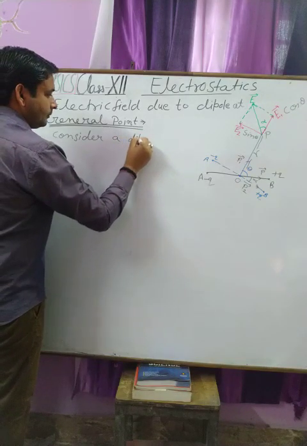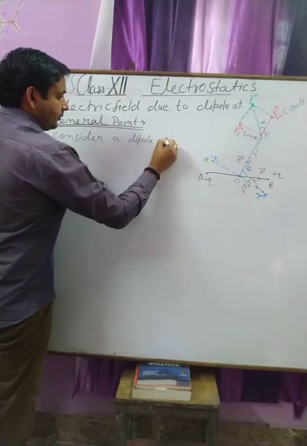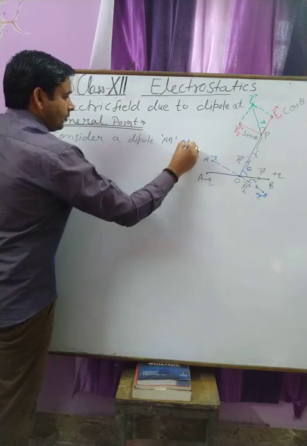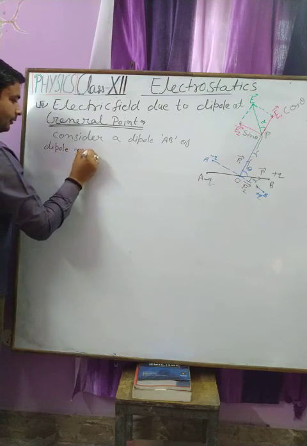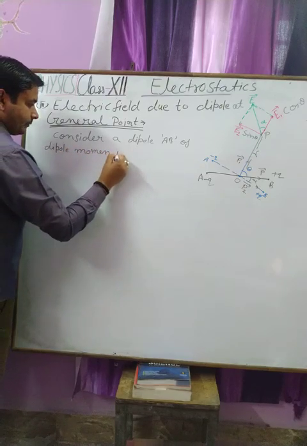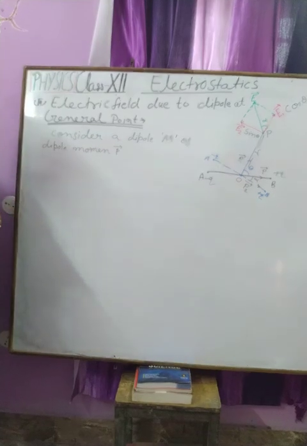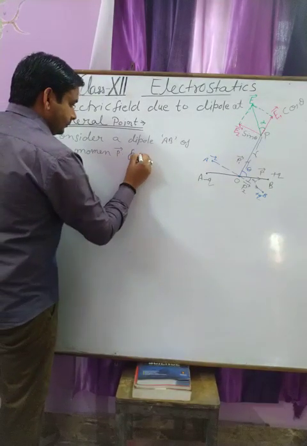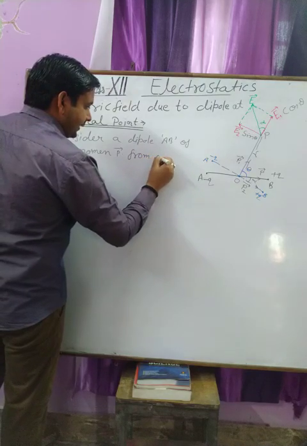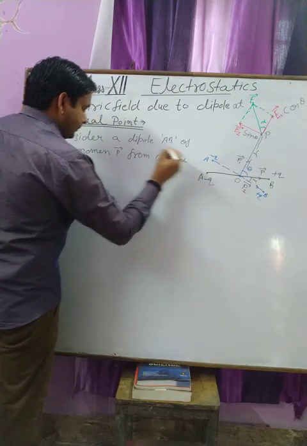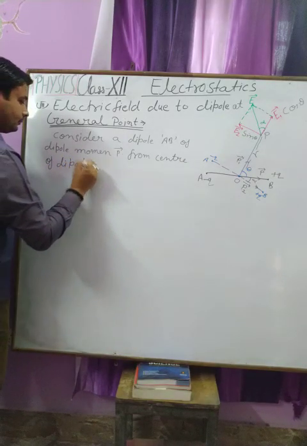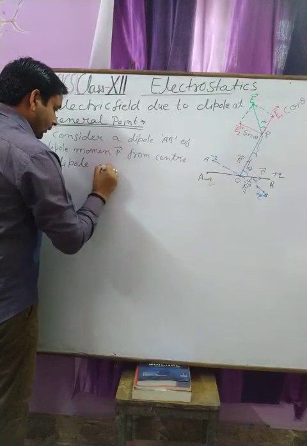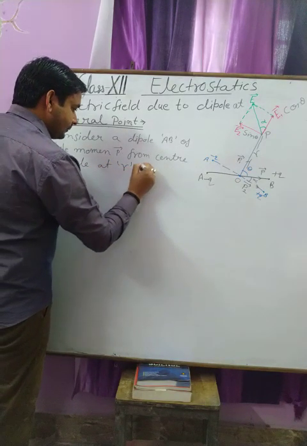Consider a dipole AB of dipole moment vector P, at r distance from the center of the dipole.